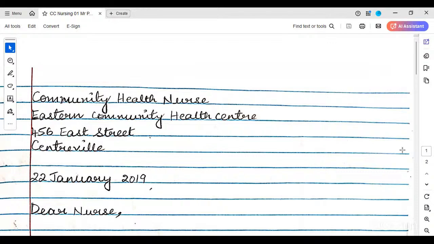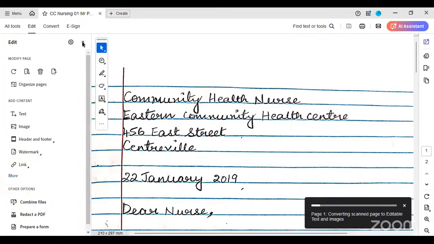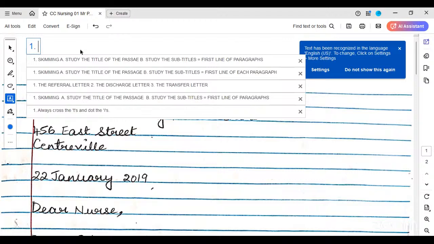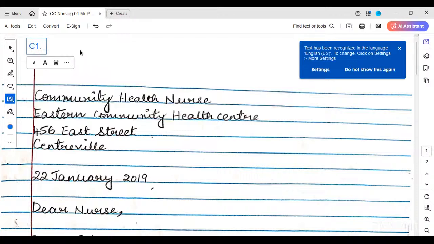So today we are starting with a new series of letter reviews. This is the first of the series, letter number 1, classical corrections number 1.